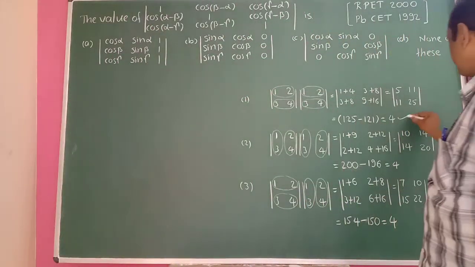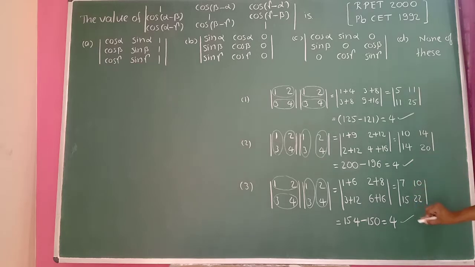In each case here, we get the answer 4. Here you are multiplying row with row, here column with column, and here row with column. In each case, you will get the same answer.